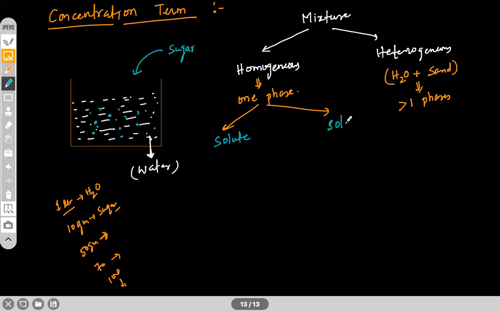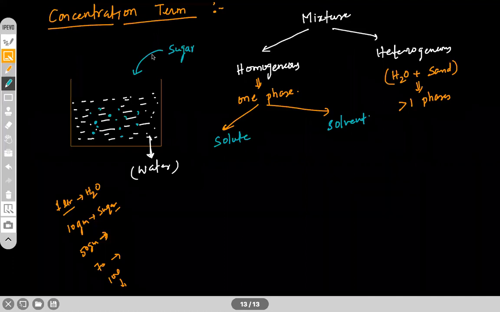Have you heard this term, solute and solvent? Right. How do we define solute? Could you tell me? How do you define solute? Like in this example, what is solute, what is solvent? Sugar is solute and water is solvent.